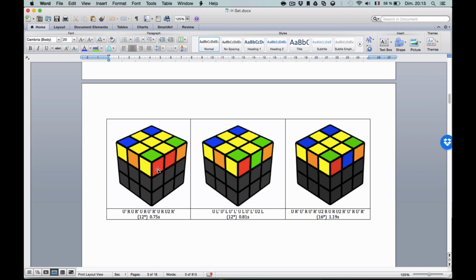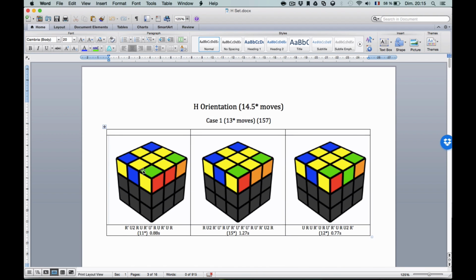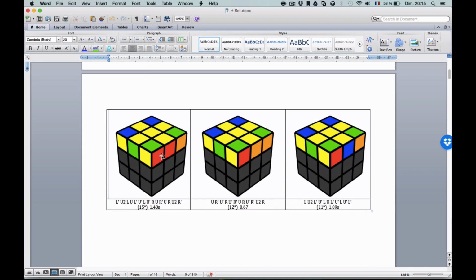So how I recognize these cases is, if it matches up with the left one, I immediately look here and see if I have a line, if these pieces are opposite or if they are adjacent. And then I know which algorithm to do based on the pieces here. And for the next one, if the piece matches up with the right, I look here at these 2 pieces, if they are the same, opposite, or adjacent.